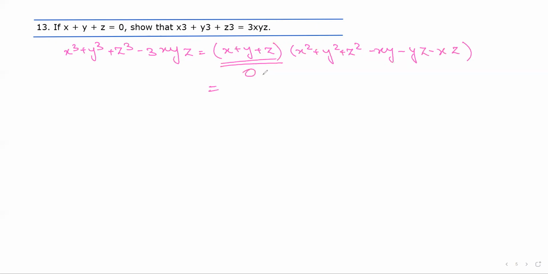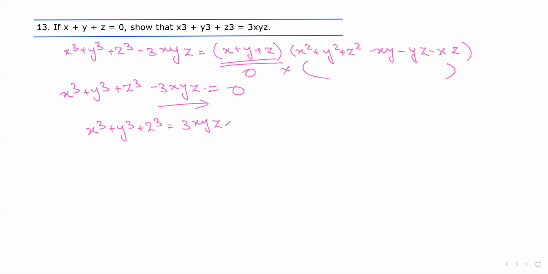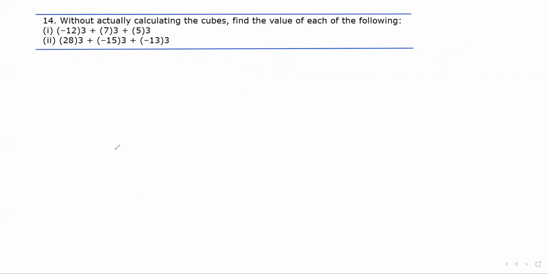So if we put 0 here, it is 0 multiplied by this whole bracket and your answer is 0. So your x cube plus y cube plus z cube minus 3xyz is equals to 0. Taking this value on the right hand side, you get x cube plus y cube plus z cube is equals to 3xyz. Hence proved.